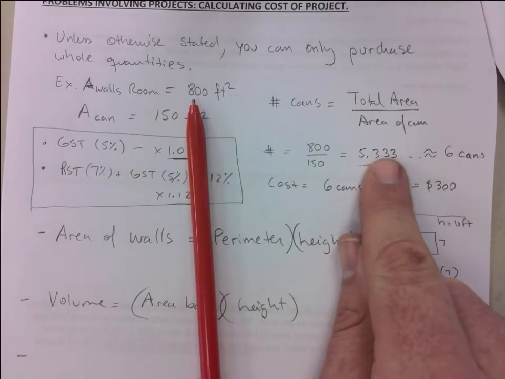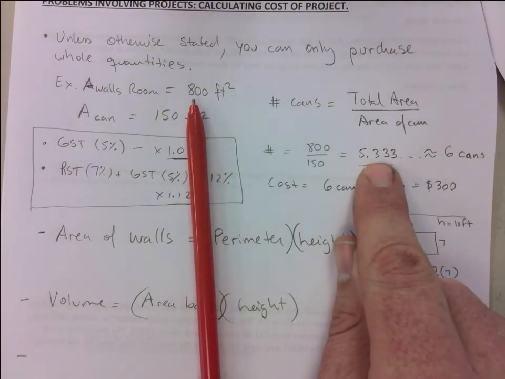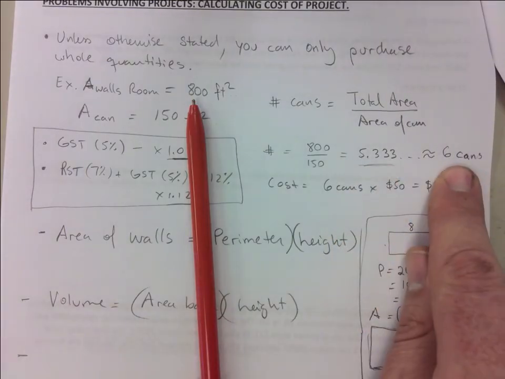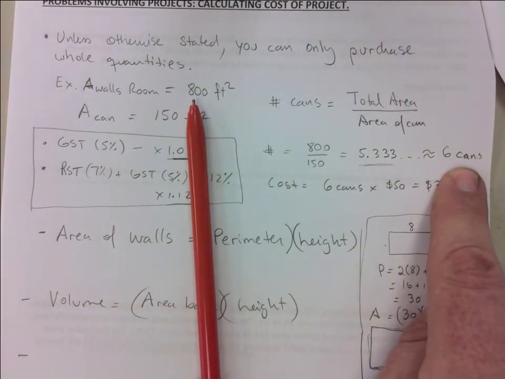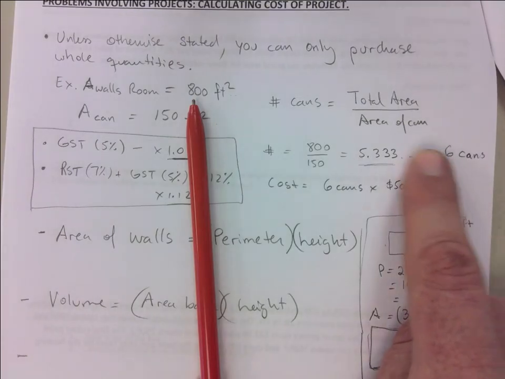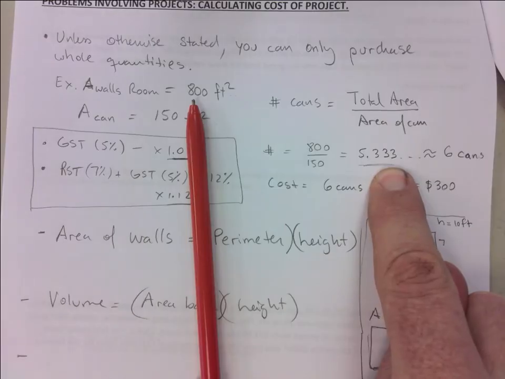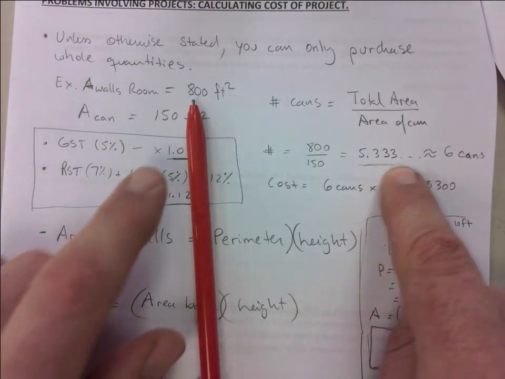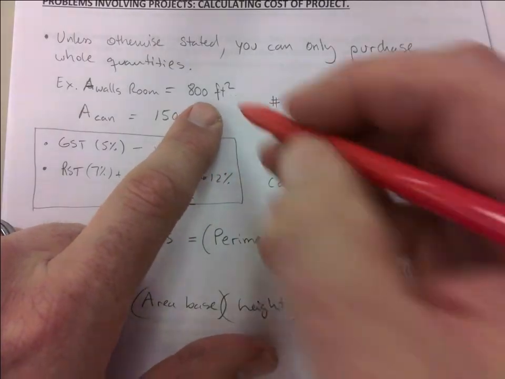What are you going to do with that leftover? You're going to start your second coat with a leftover, right? If you round to this and then multiply that by 2, you're now buying way more than what you need, right? Because you are going to use that leftover to start painting your second coat. So where am I going to add it? I'm going to do this.